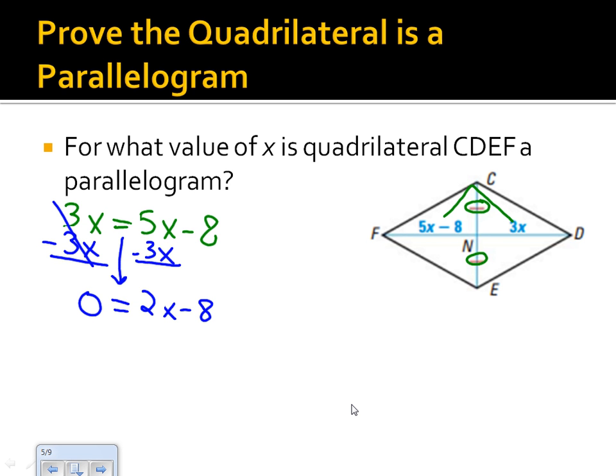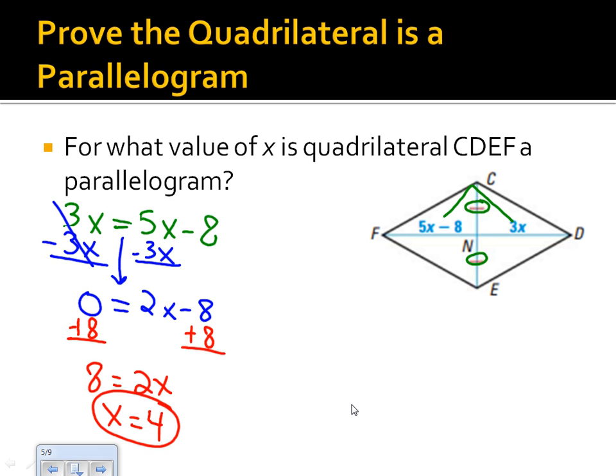It just happens to be that way, but it will not all the time. And then I want to get the 2x by itself, so what do I need to move? Plus 8. 0 plus 8 is? So 8 equals 2x, so therefore x equals 4.